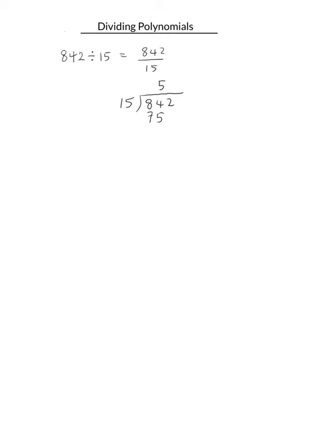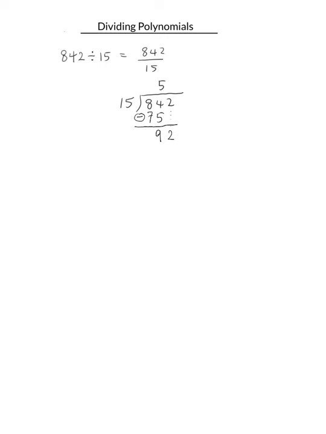And then you draw the line and you subtract, but it's the same thing as changing the sign on the bottom and then you add vertically, right? So here what we're going to get is just 9, and then you drop down this 2. So now you're going to have to ask yourself, 15 times what is going to go into 92?